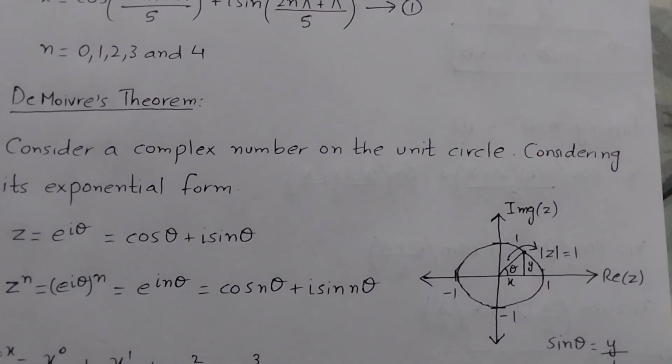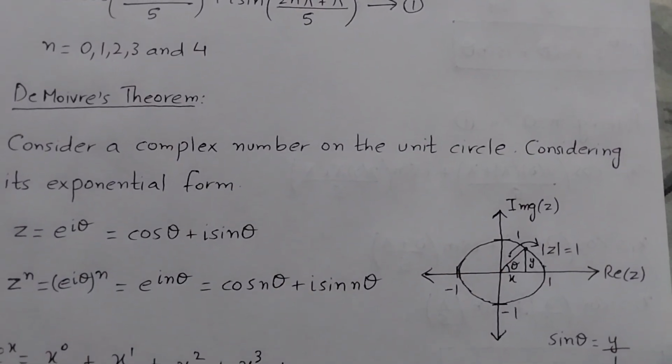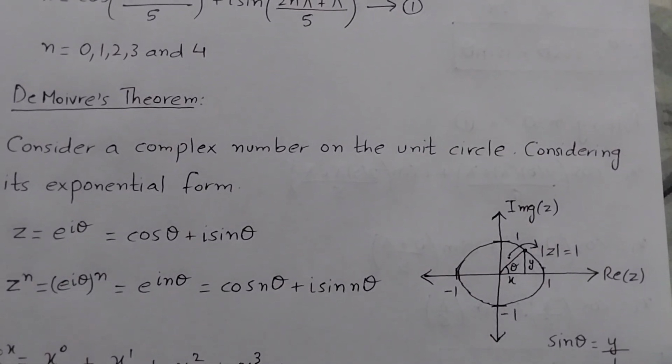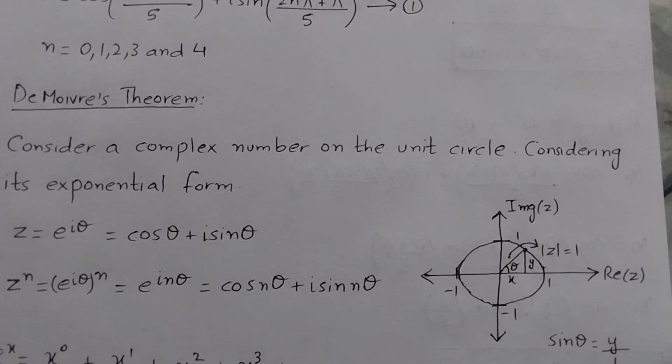A complex number can be represented in three forms. The first form is Cartesian form, which is x plus iota y, where x is the real part and y is the imaginary part. Second is the polar form, which is r cos theta plus iota r sine theta, where r is the modulus, the distance from the origin of that complex number.